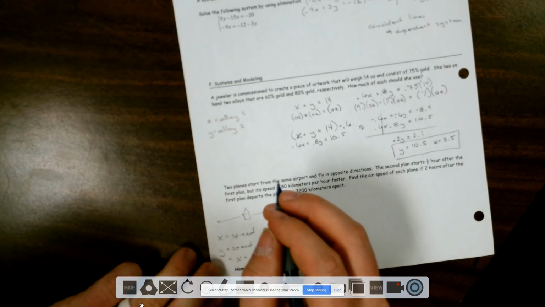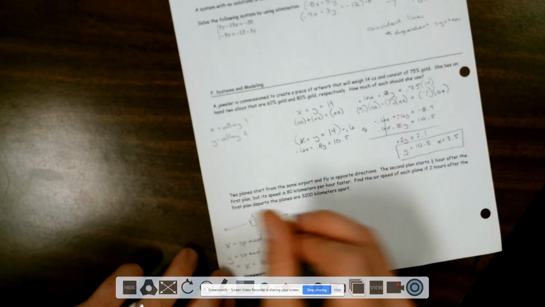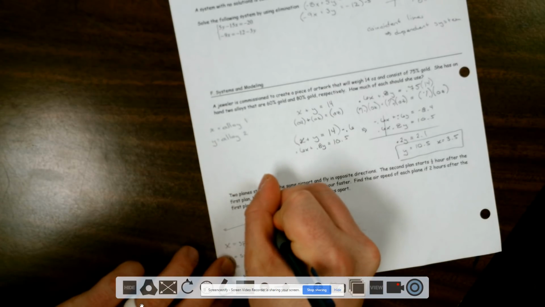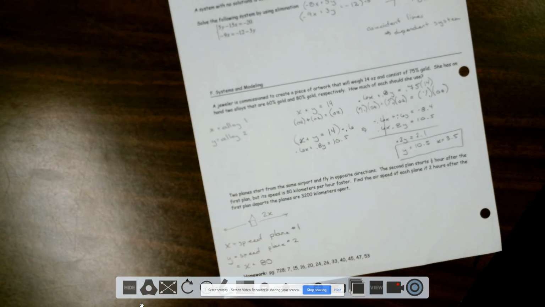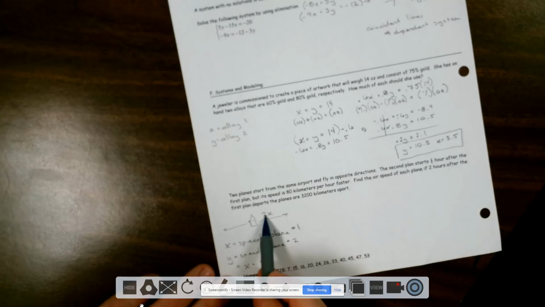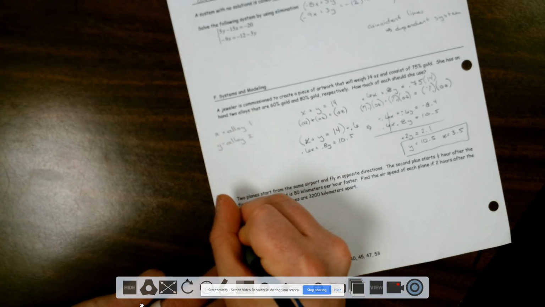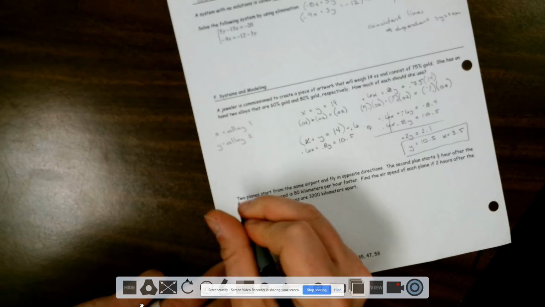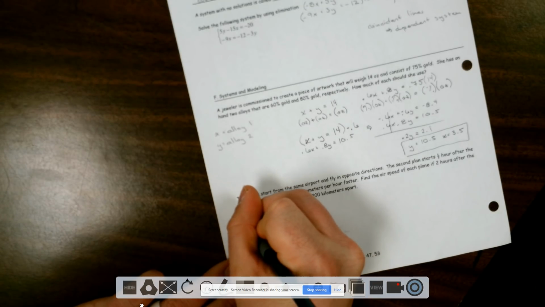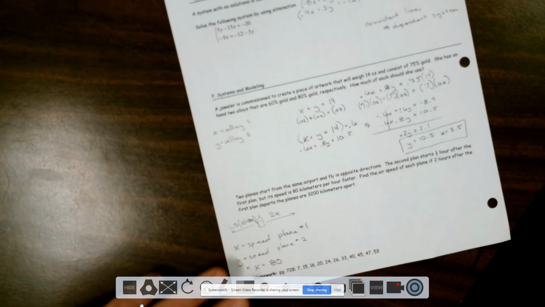So the first plane travels 2x, 2 hours times its speed. That's how far it will have traveled. The second plane is only going to be in the air 1.5 hours, and its speed is x plus 80.